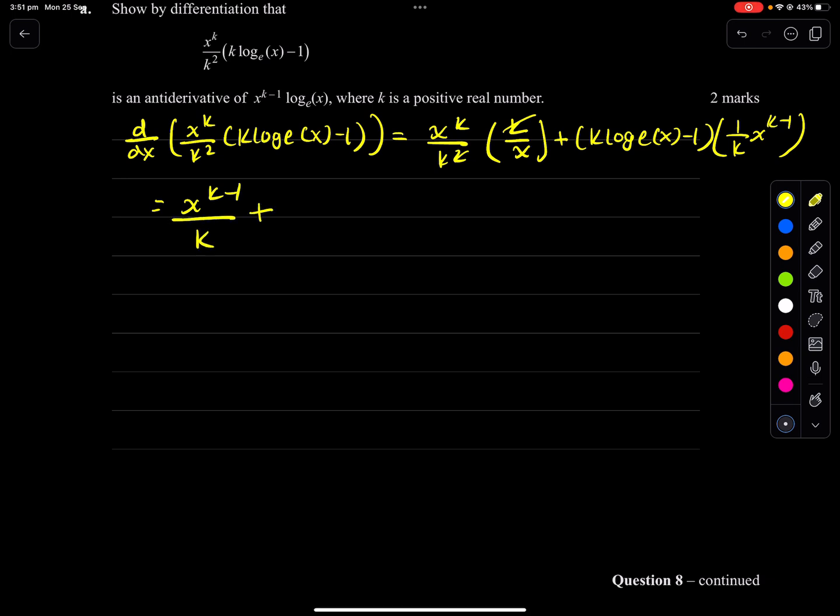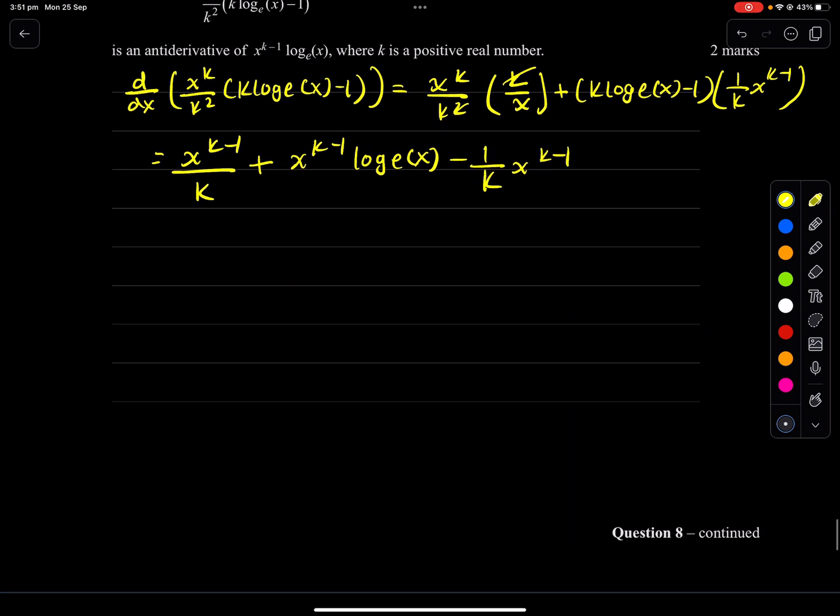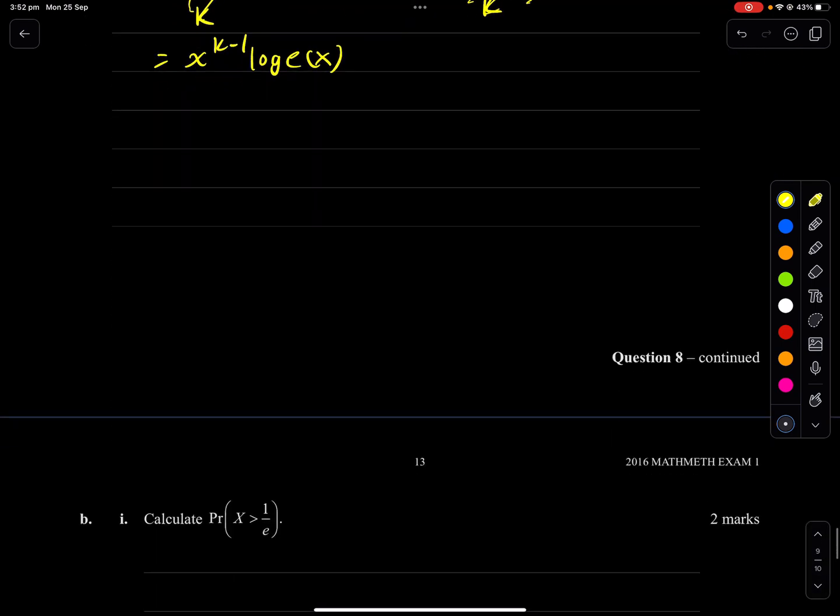Plus, multiplying this by expanding, it'll be x^(k minus 1) log e x minus 1 over k, x^(k minus 1). And these two cancel out. So it just leaves us with x^(k minus 1) log e x. Yeah, and that's that.